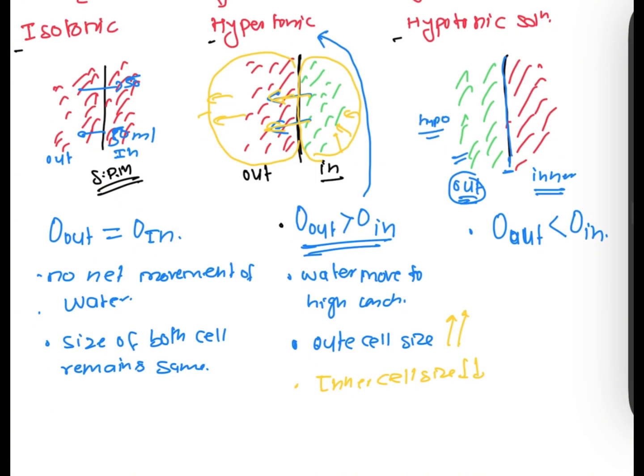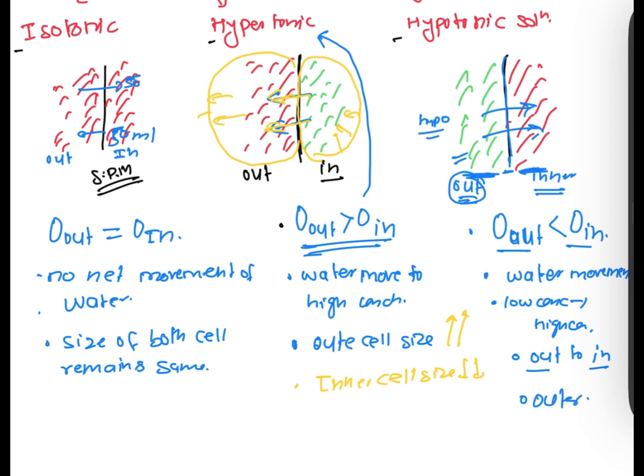Movement of water is always from lower concentration to higher concentration. So there is movement of water from the outer cell to the inner cell. So the outer cell size decreases and the inner cell size increases as water moves towards the inner cell.